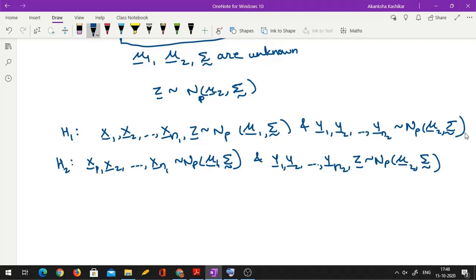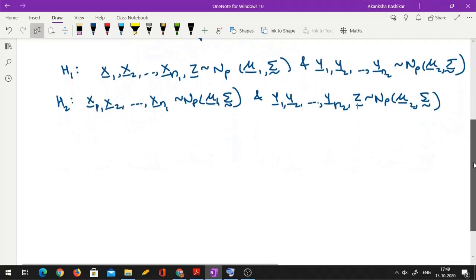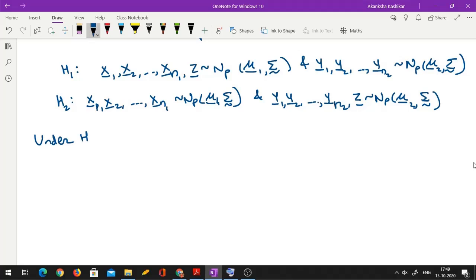We have already derived formulae for estimates of mu and sigma in the multivariate normal setup in the multivariate course. So first let me see what happens under H1. Under H1, these y1, y2, up to yn2 are coming from the second population, so estimates from y don't change at all.